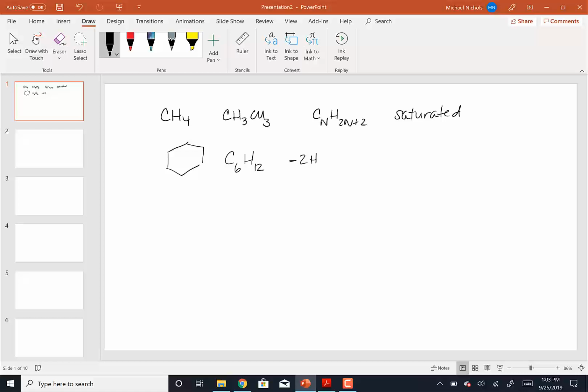If you had a ring with a double bond, you would have C6H10, which would be 4 hydrogens from the maximum. These molecules would be considered unsaturated.